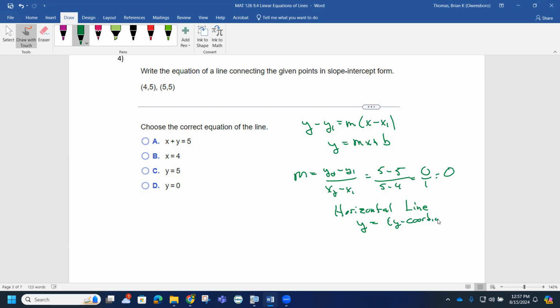So a quick way to do that is just simply say, well, y is always going to equal 5. So that would be a quick way of doing it.